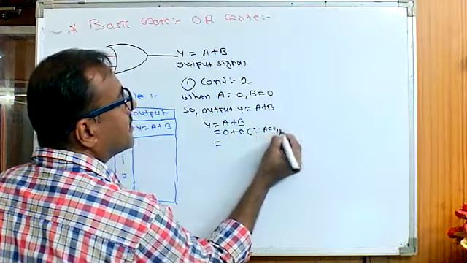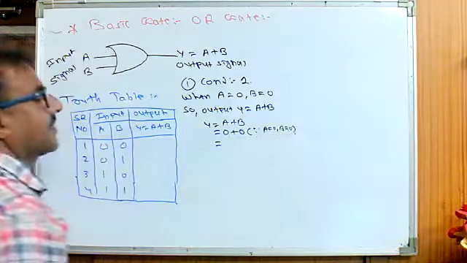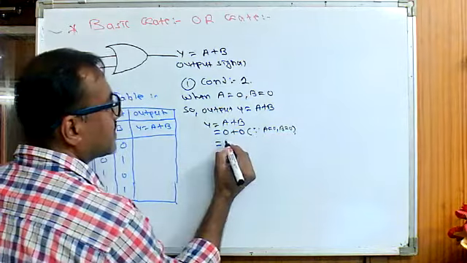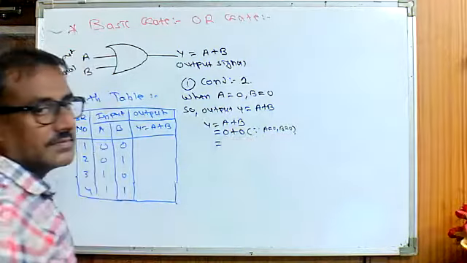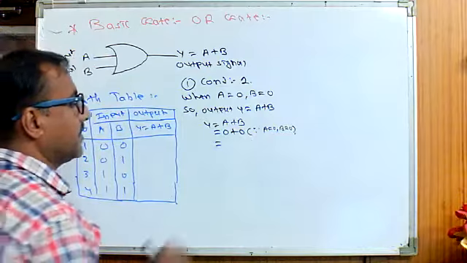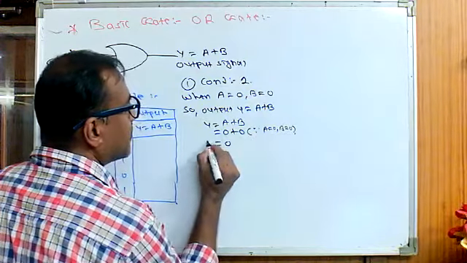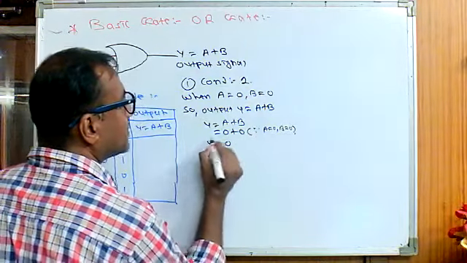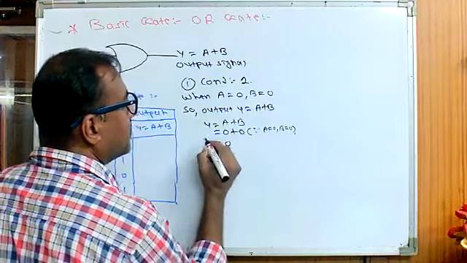A is 0 and B is 0, then 0 plus 0 means binary 0. So the output is 0. Y is equal to 0.